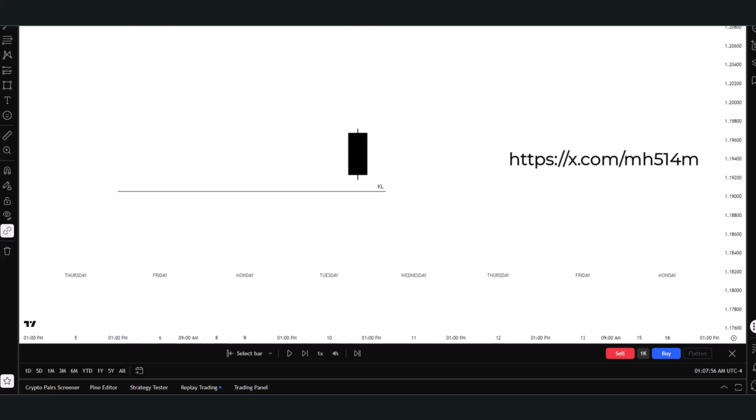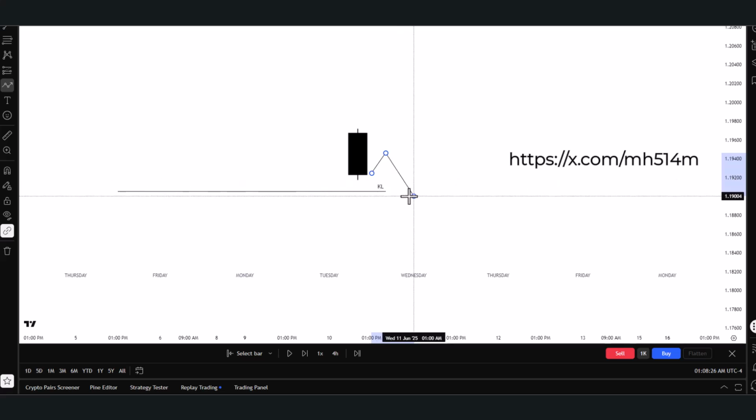So next, what will price do? Suppose this is the 9 pm candle and this is the 1 am candle. What will the 1 am candle do? Price will consolidate and then immediately sweep the 9 pm candle's low and tap into the key level.